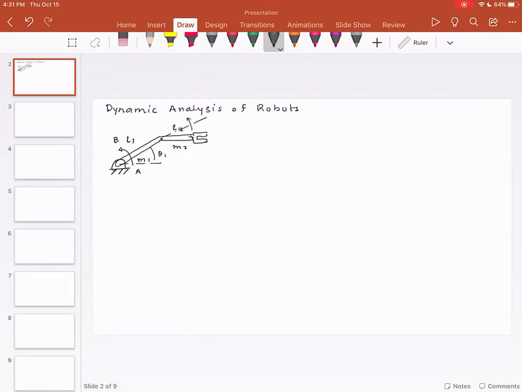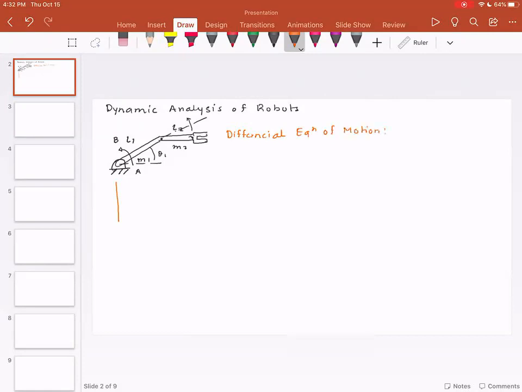So essentially, I am interested in the dynamic analysis wherein I will have equations of motion. So I will have differential equations of motion.